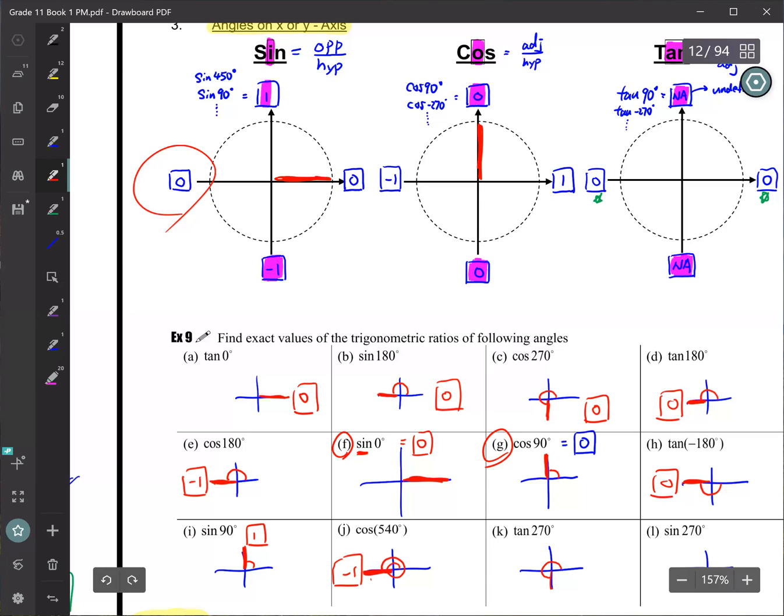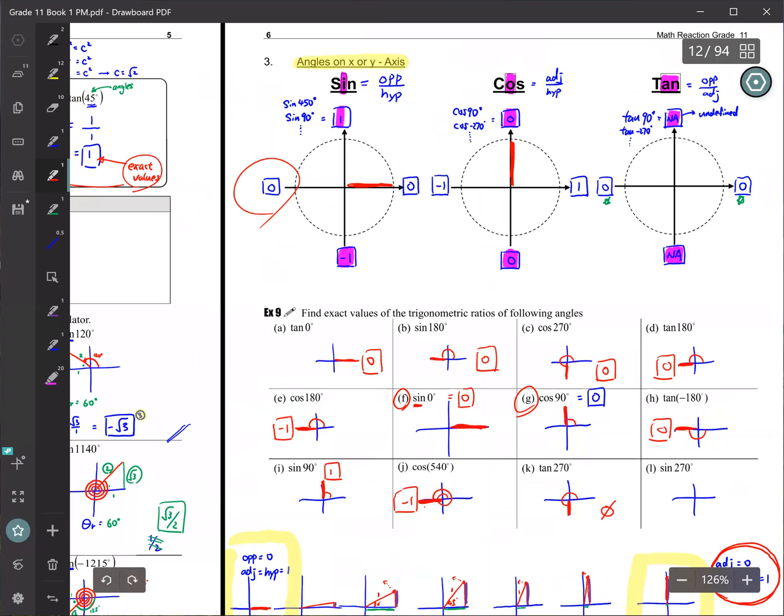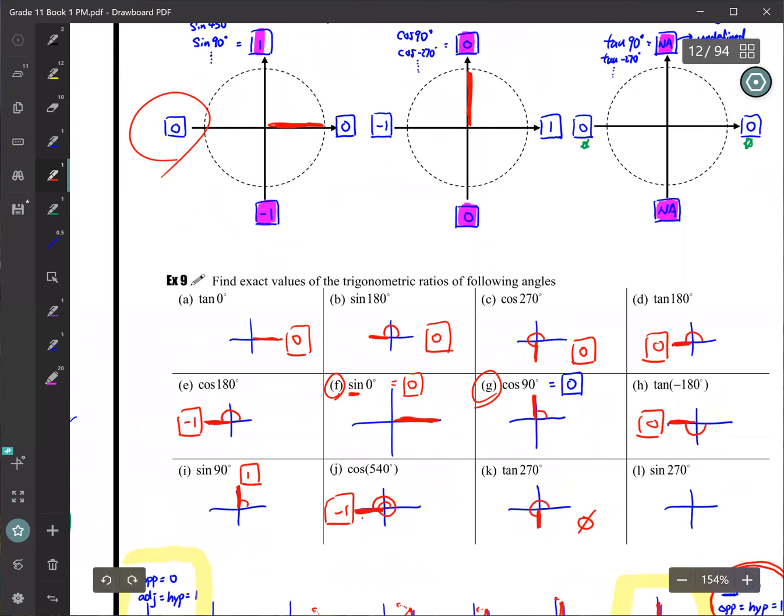Okay, or you can say undefined. Or you can even write 0 with a slash, that's also undefined. Last one, Annie. -1. Yeah, 270 degree stops here, so it's -1.